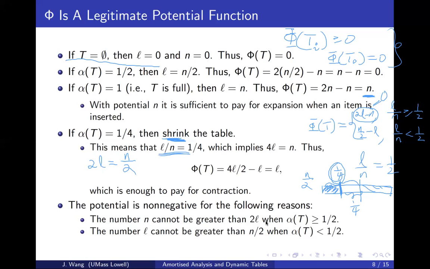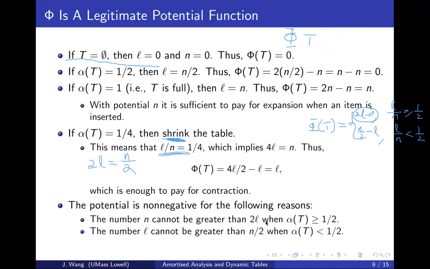Now we want to check that the potential is non-negative, for the following reasons. Let me erase this and just focus on this potential function. When L over n is greater than or equal to half, this is always greater than or equal to 0.